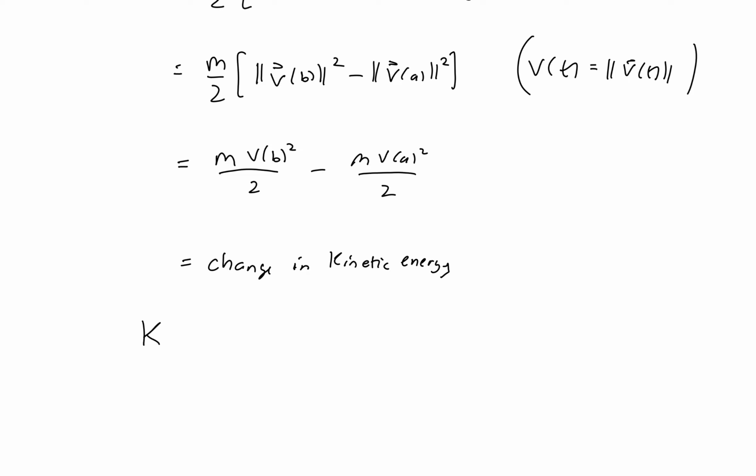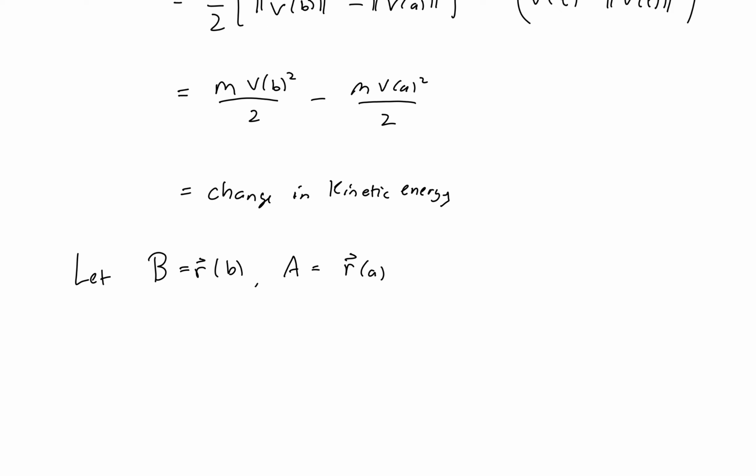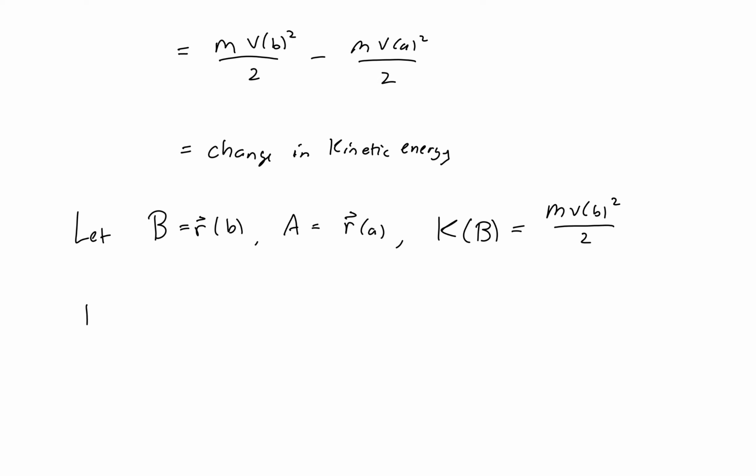So let's let capital B be the position r of b, capital A be the position r of a, and then we'll let K be a function again. Let K of B be m v of b squared over 2, the kinetic energy at B, and K of A be m v of a squared over 2.